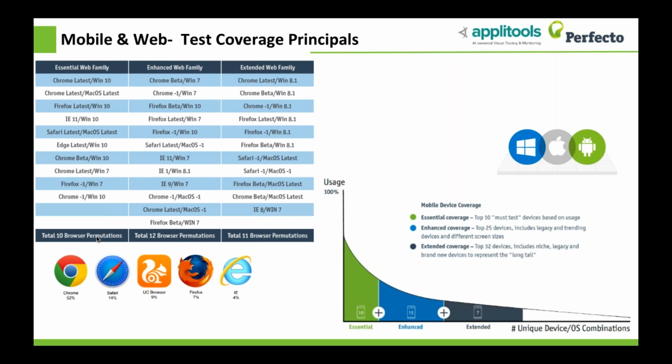The beta also exposes you as developers and testers to different features. I can point to one: I think in Chrome 59, if I'm not mistaken, Google changed the entire UI layout. They changed a specific UI layout that maybe didn't immediately create glitches in your application, but you wouldn't know unless you tested. So you don't want to wait for GA to find all the changes in the UI.